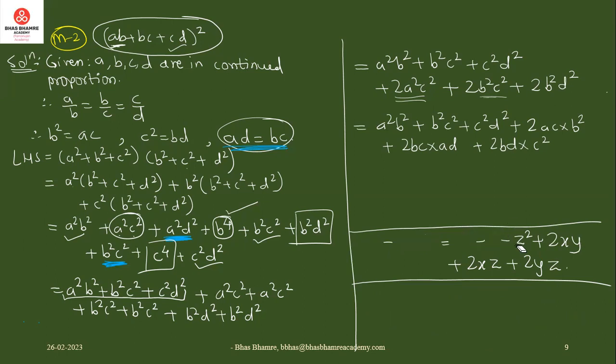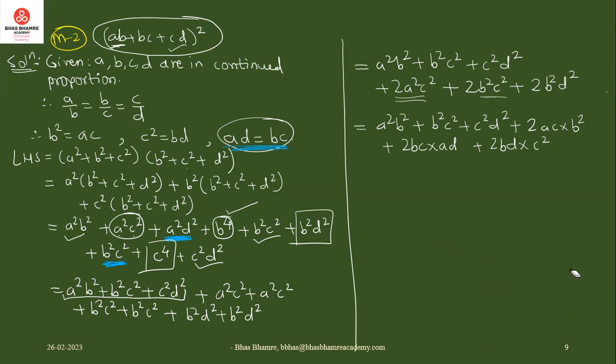The algebraic adjustments will go like A square B square plus B square C square plus C square D square plus 2AB into BC, 2AC into B square as 2AB into BC, plus 2BC into AD, plus now for this 2BD into C square.